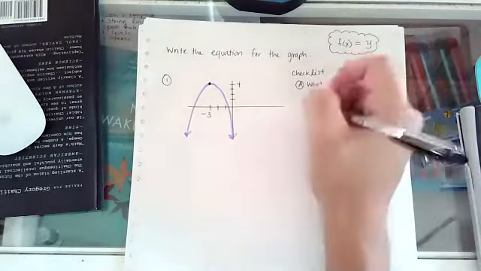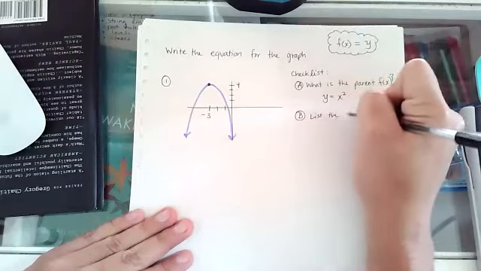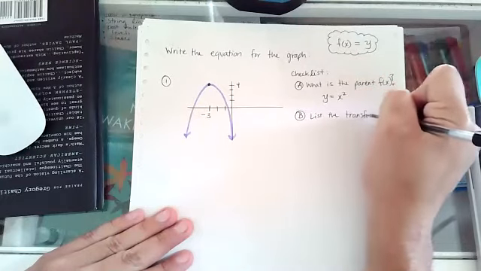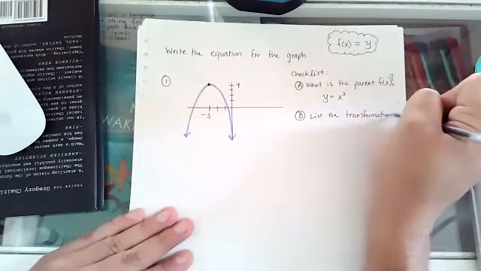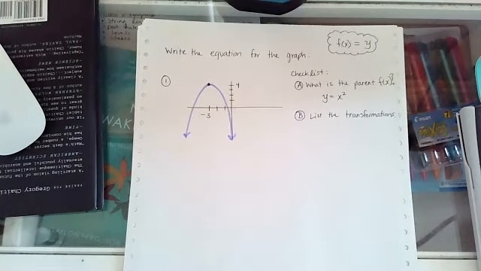The next thing you're going to ask yourself is to list the transformations. And transformations in a broad sense is just saying like, okay, has this graph been shifted somewhere? Where has it been shifted to? Has it been shifted to the left or right? Has it been shifted up or down? And then just list those transformations as a verbal description.